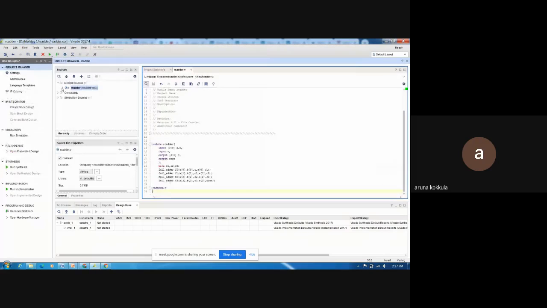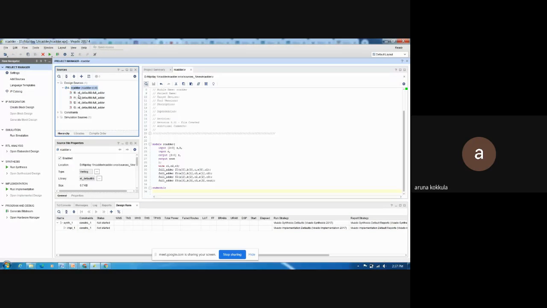If you look here in the design sources, all the F0, F1, F2 full adders are shown with a question mark. So if the file is already there, you can use it. I think it's there in my system.